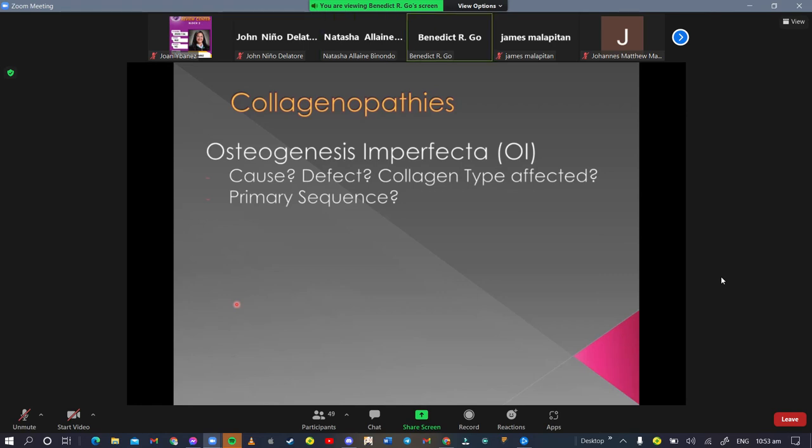Okay, type 1 collagen. But the mutation will result in abnormal alpha 1 and alpha 2 chains, diba? Yes, Doc. So if you have problems with that, what happens to the sequence? The primary sequence gets interrupted. Remember the primary sequence? Gly-X-Y, Gly-X-Y. What happens there? There's a change in one amino acid. Yeah, you're right.